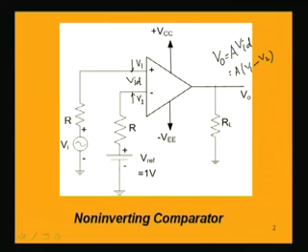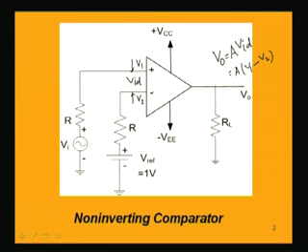V1 is this signal. So, when V1 is greater than V2, that means the signal voltage is higher than the reference voltage of 1 volt, the difference voltage will be V1 minus V reference. For example, suppose we are considering an instant where the input voltage is 3 volt, because it is a sinusoidally varying voltage, and its value at that point is 3 volt.